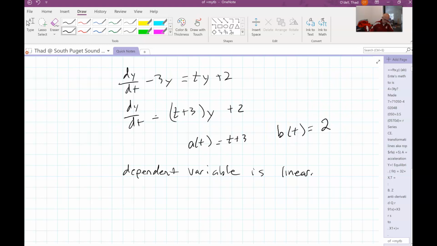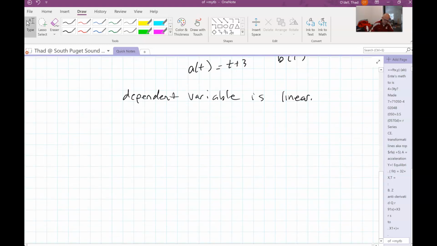Okay, so we have two types of linear equations. We have the homogeneous, and of course the non-homogeneous. And how do you tell them apart?